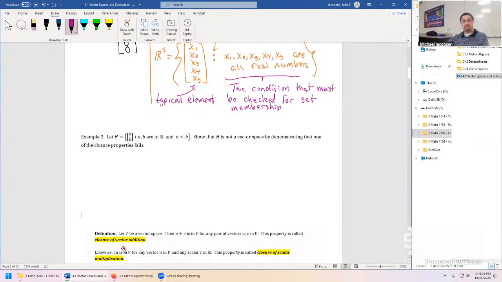C times U is in V, for all scalars C, all vectors U. I'll go for this property since usually this one's a little bit faster to work through. But if you get into doing these in the homework, for the addition property, that might be the one you need to check. First thing I would do is just try to visualize this space.